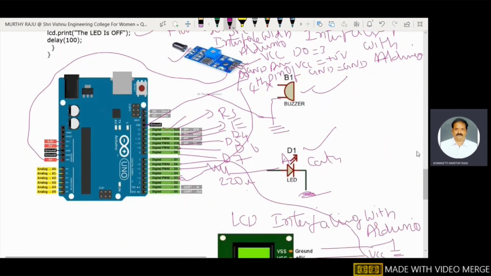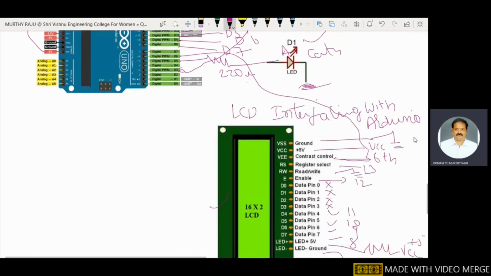Generally, a flame sensor is a sensor which is used to detect fire. Under normal conditions, the flame sensor output is high. In our sketch, whenever the flame sensor output is high, the buzzer is not on and the LED is off. Fire is not detected.